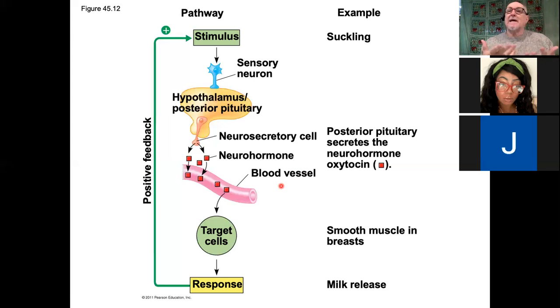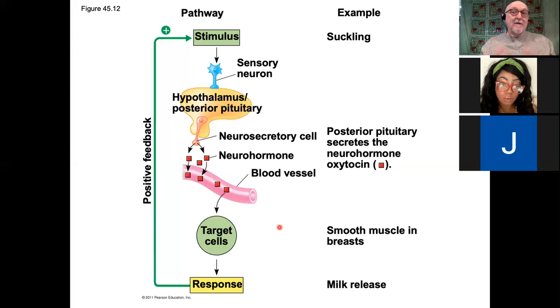When a mother gazes at her infant and she has that upwelling of affection, that's a genuine feeling, but it's also stimulated by the presence of oxytocin. So oxytocin is secreted, it enters the bloodstream, and it travels through the bloodstream to the breast, and it causes the smooth muscles in the breast to pump milk.